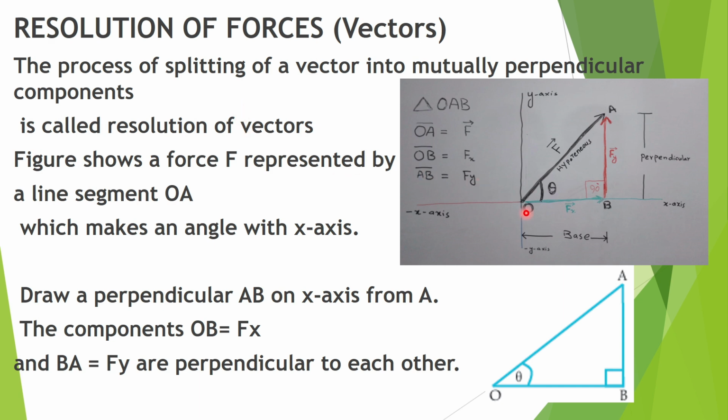So this is your vector F, and you are splitting it into mutually perpendicular components. What it means? Look over here, this is a perpendicular and this is also a perpendicular. So these are mutual perpendiculars of this vector F, and you can also say that this is the projection of vector F on x-axis, and this is the projection of vector F on y-axis.